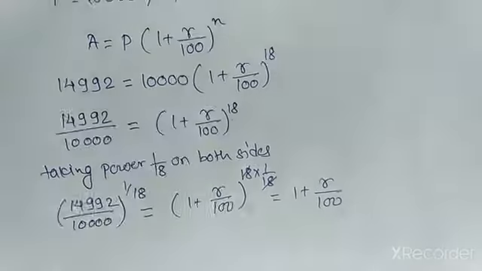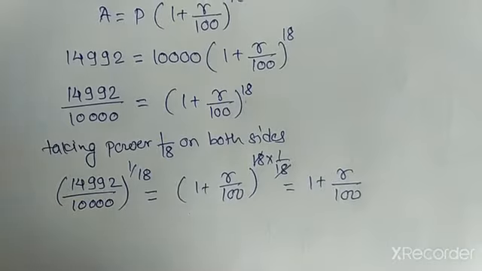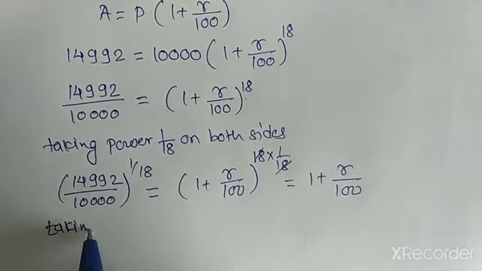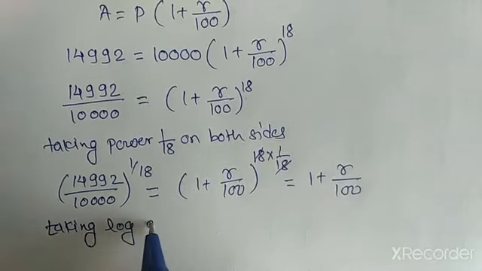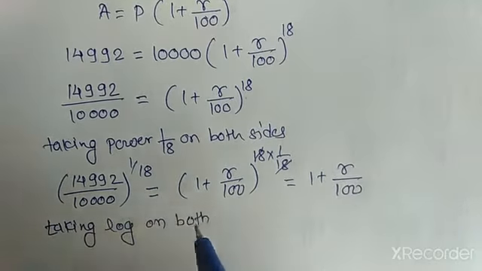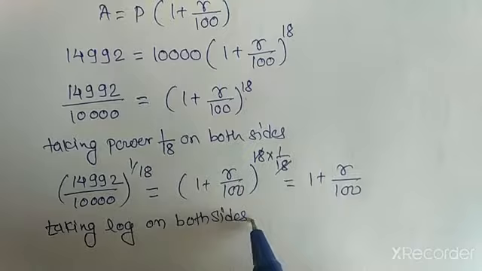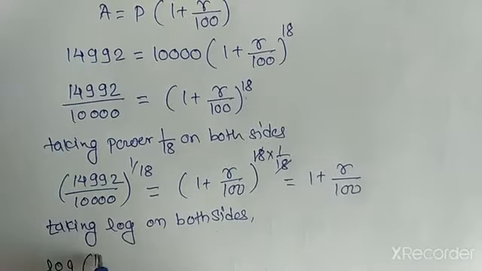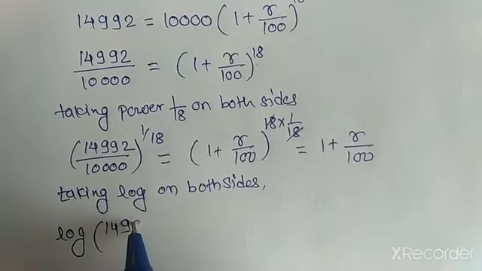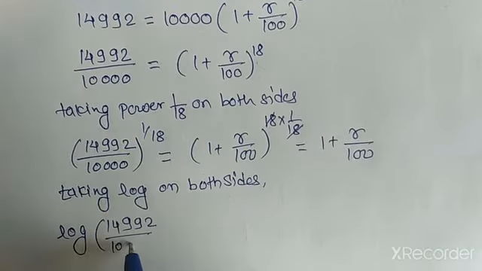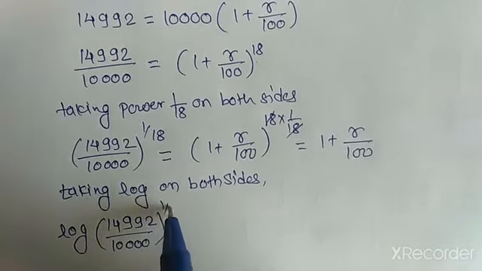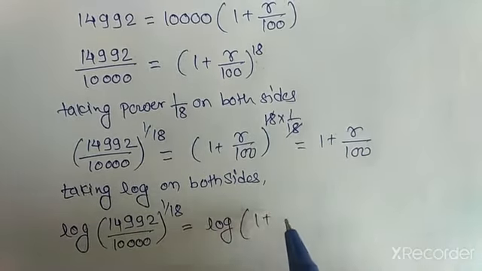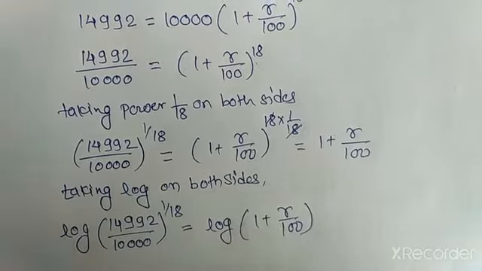Okay, taking log on both sides, so it will be log of (14,992 divided by 10,000) raised to 1 upon 18 is equal to log of 1 plus R upon 100.